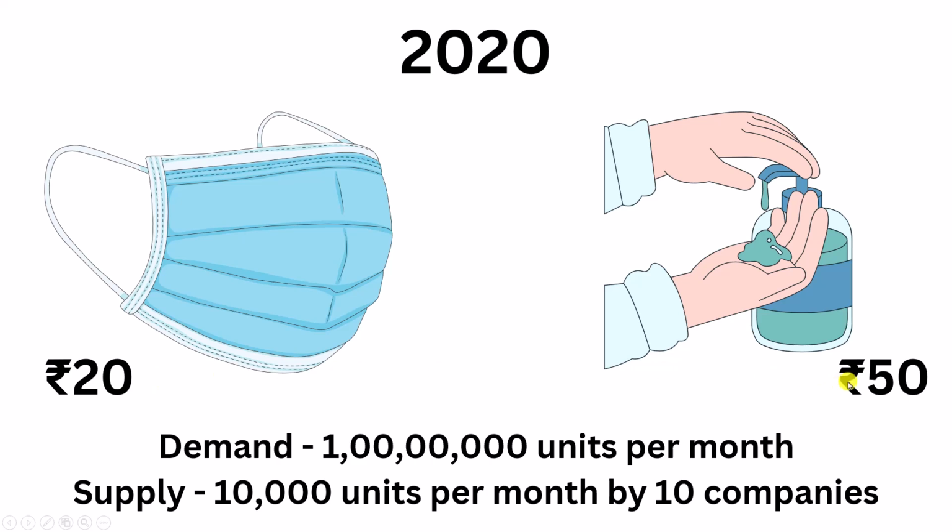If the seller is demanding 70 rupees per bottle, then the buyer will be willing to pay 70 rupees because he needs the hand sanitizer. And the seller will also demand more money because he knows that the buyer is ready to buy the mask and the sanitizer at any price.